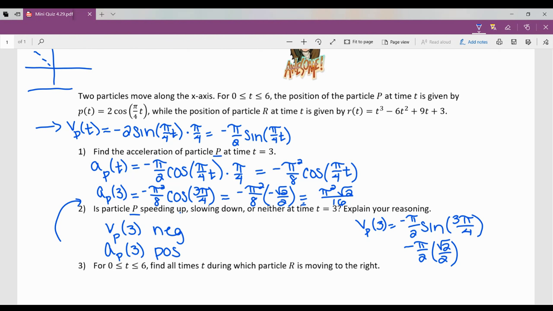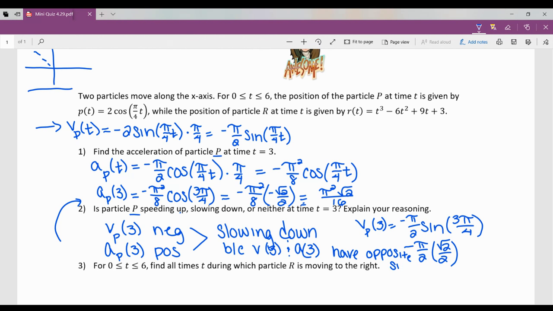So if they have opposite signs, the velocity and acceleration, it will be slowing down because v of 3 and a of 3 have opposite signs. All right, so that is my justifying my answer.